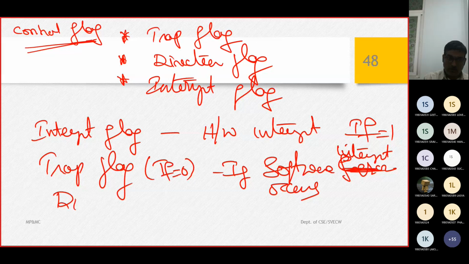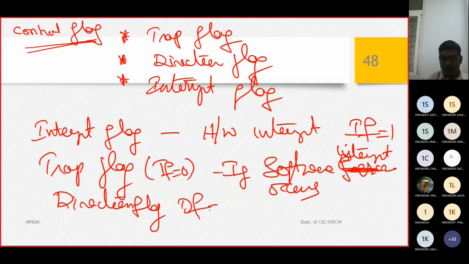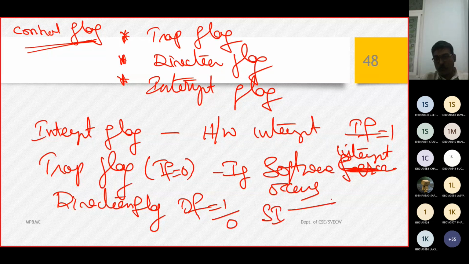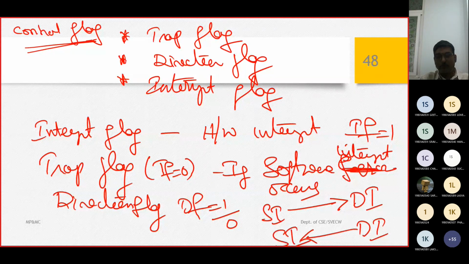The last flag was direction flag. This direction flag can be high, or the direction flag can be low. I was mentioning source index to destination index, and another was destination index to source index.